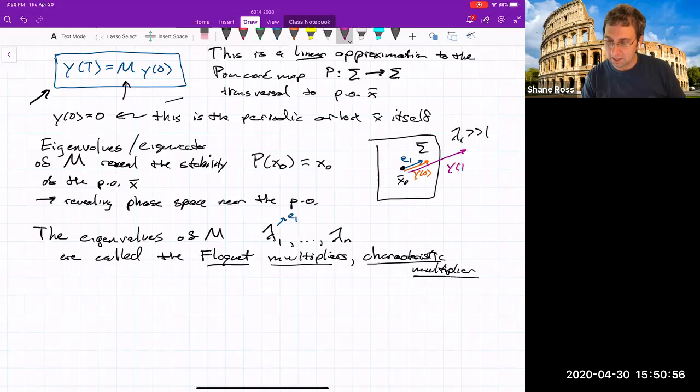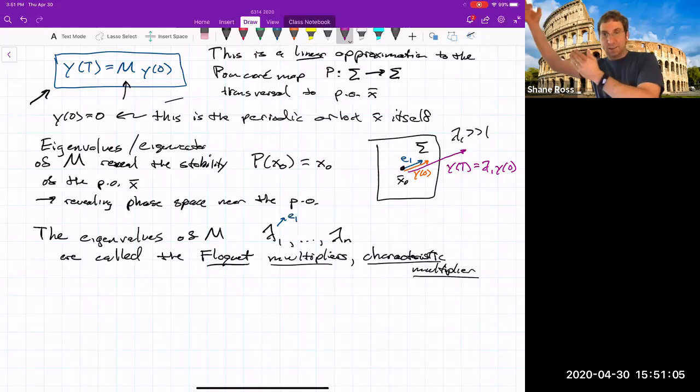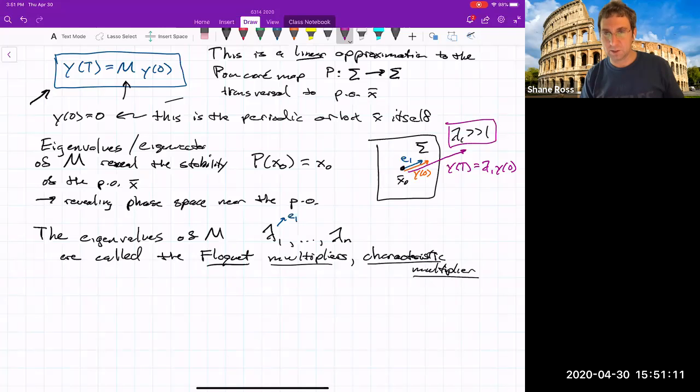Y of t is going to be lambda 1 y0. So I've just multiplied my displacement in that direction. Now I picked lambda greater than 1. If lambda was less than 1, a perturbation in that direction will actually shrink. Now there's no requirement that these be real.